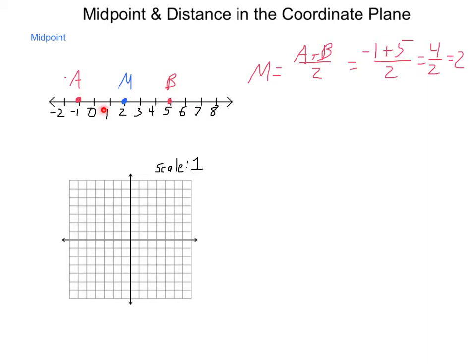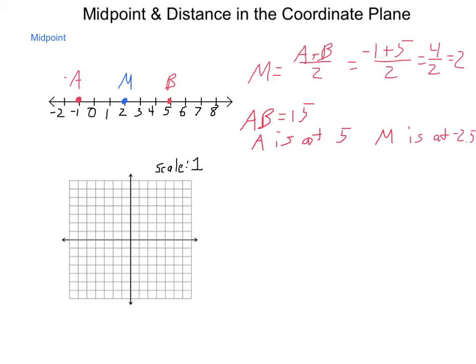But what happens if we were to change this a little bit and say that the length of AB is 15 units, and A is located at 5. The midpoint M is located at -2.5.